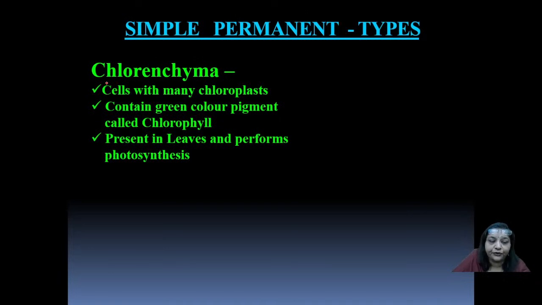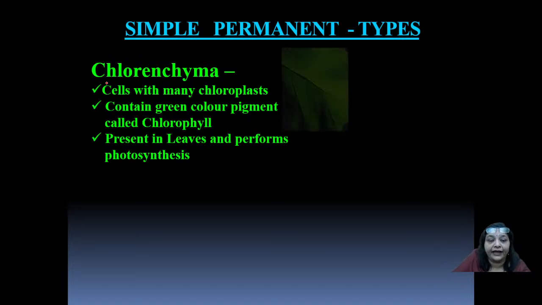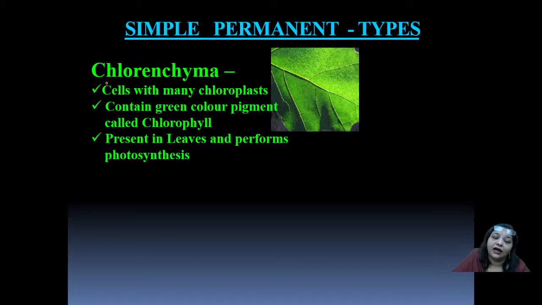The next type are the subtypes of the parenchyma tissues. So I just told you about the Chlorenchyma. Now, chloro refers to the presence of green color pigment called chlorophyll. So these cells contain many chloroplasts with the green color pigment. That's why the part in which they are found, like the leaves, looks green in color, and they perform photosynthesis.